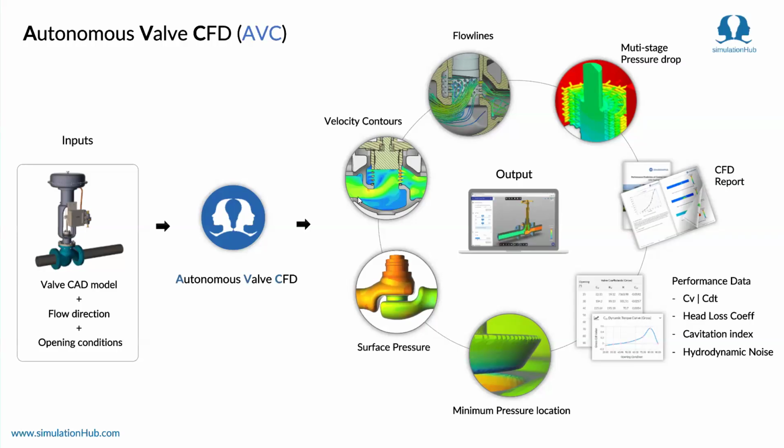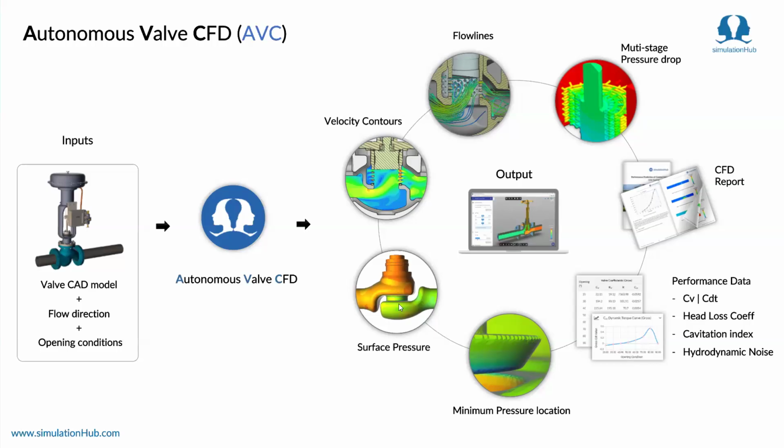velocity contours, so where the flow is accelerating. As we have seen, high velocity jets can cause a lot of noise, so you can visualize that and optimize your trim designs accordingly. You can have a look at the flow lines, how the fluid flows through the different parts of your trim.